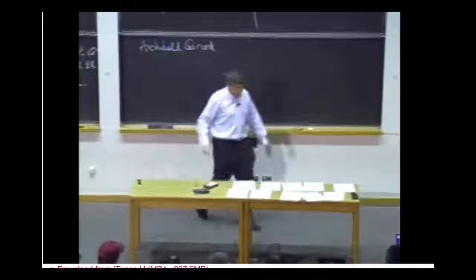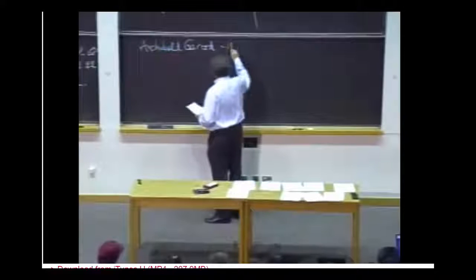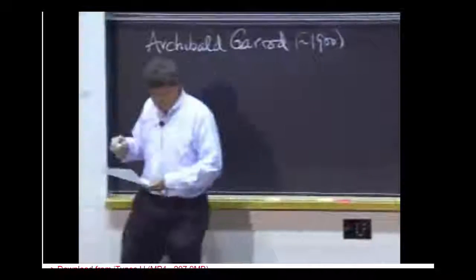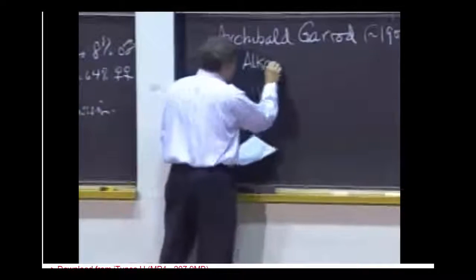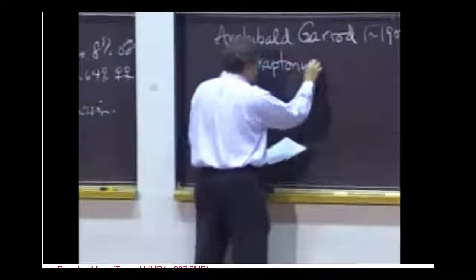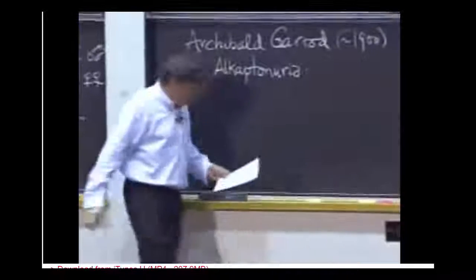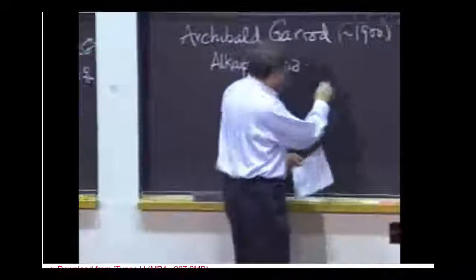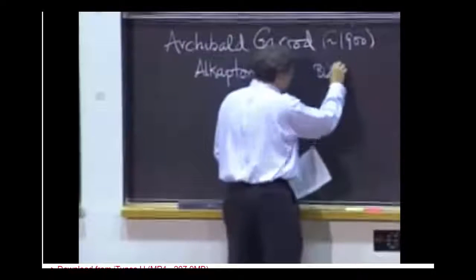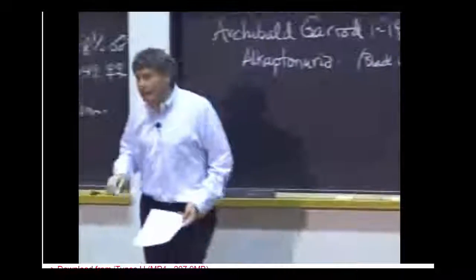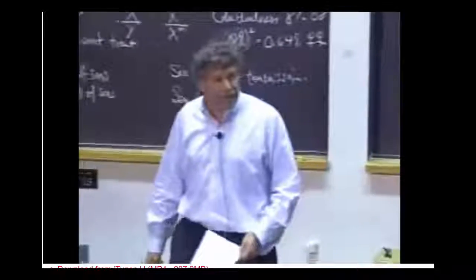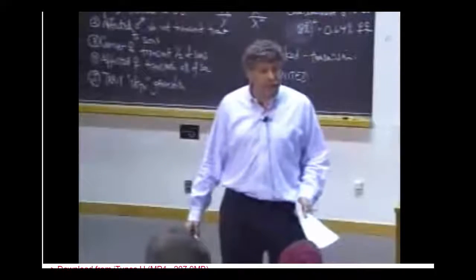Archibald Garrod was a physician in London around 1900. Garrod studied children with the trait alkaptonuria. Alkaptonuria: alkapton means black, uria means urine. They had black urine. This was evident because their urine turned black on treatment with alkali.